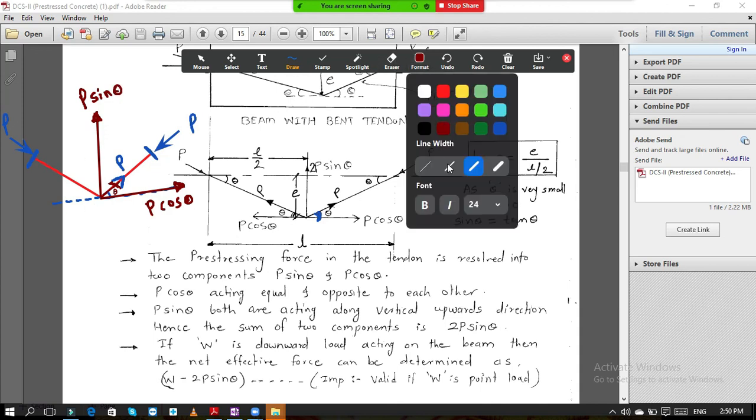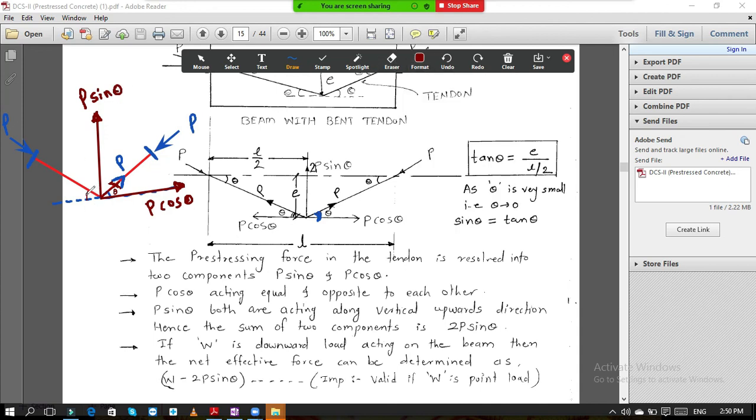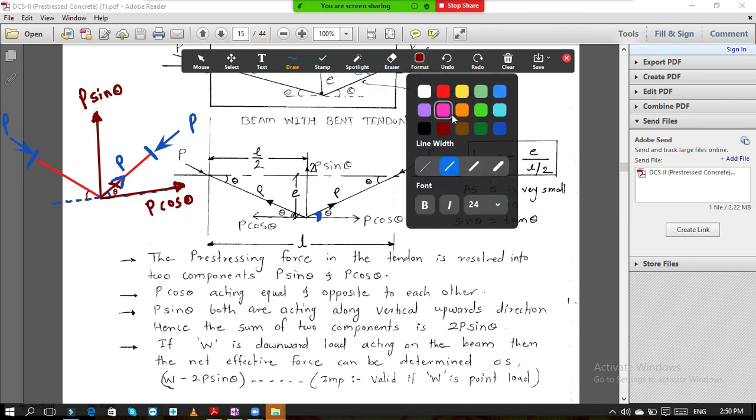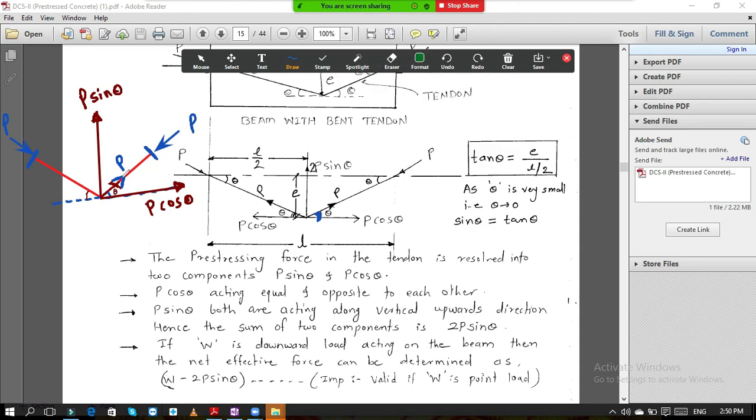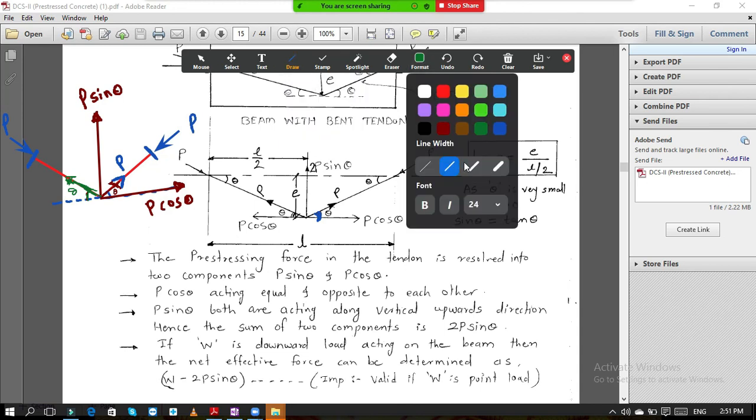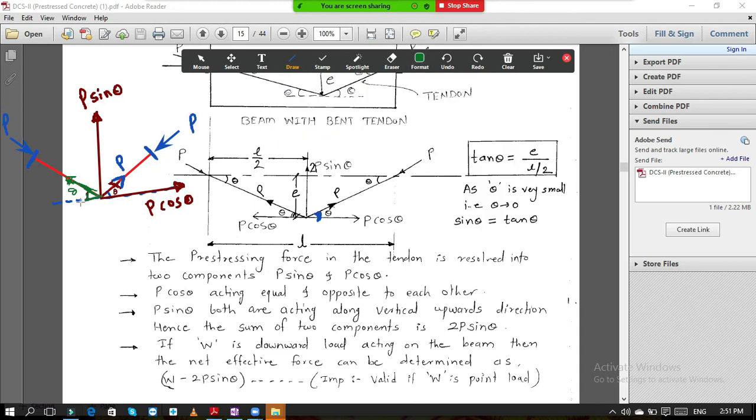Similarly, at this end also, here the angle is theta. Again, if you resolve the force which is on this side, this side also a part of the tendon is there, that is P. So if you resolve it again, then one component parallel to x-axis, another component again parallel to y-axis.